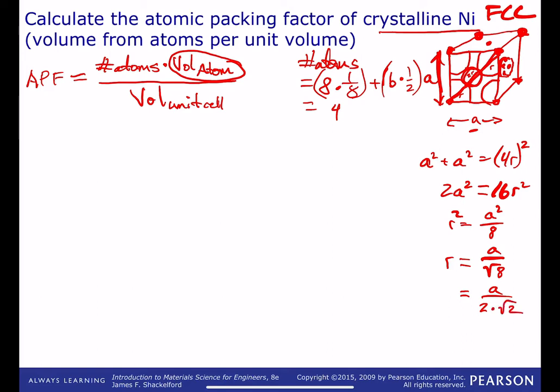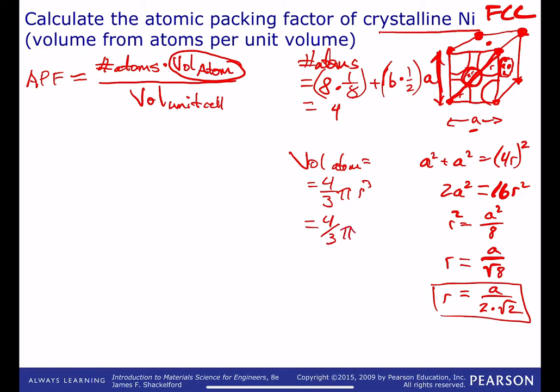Okay? And now we know the volume of an atom is of course 4/3 pi r cubed. And so that's going to be 4/3 pi, and then substitute in r, a all over 2 root 2, cubed.